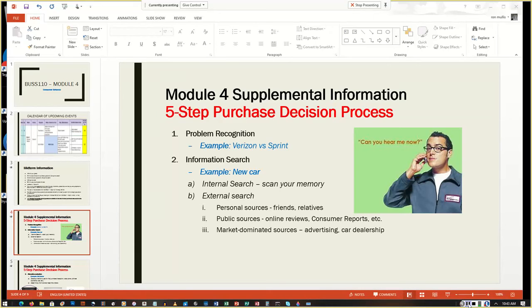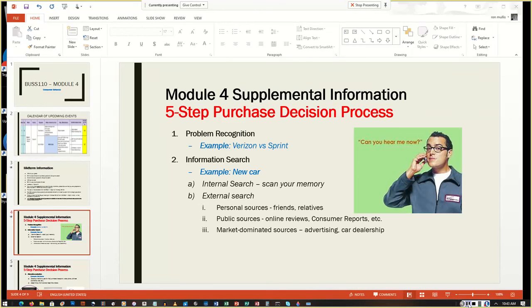The Sprint customer is going to collect information about Verizon and any other competitors, T-Mobile, AT&T, and Sprint, and may look at some things like the plans or any type of reviews. So the consumer is going to conduct two different types of searches.